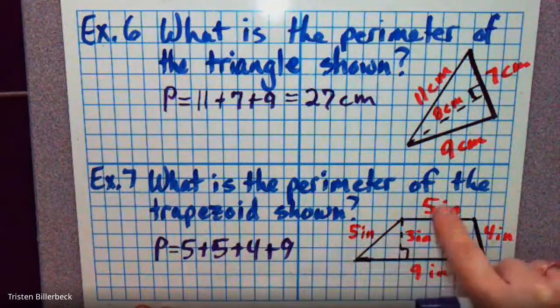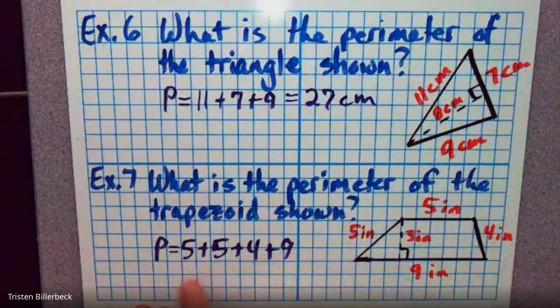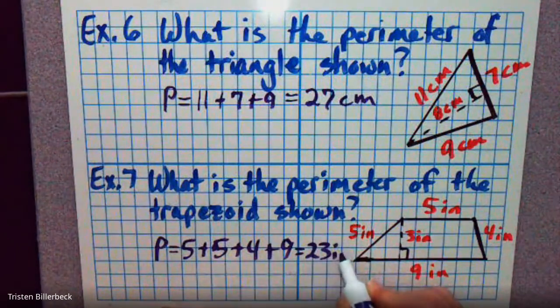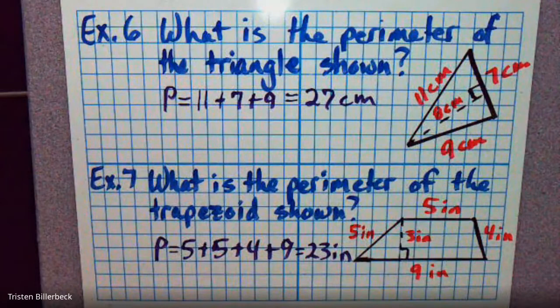Okay, so 1, 2, 3, 4 sides of a trapezoid, 1, 2, 3, 4 sides here. So 5 plus 5 is 10, plus 4 is 14, plus 9 is 23 inches. Okay, so that's how we find perimeter. We just add up the sides, and that's what it is.